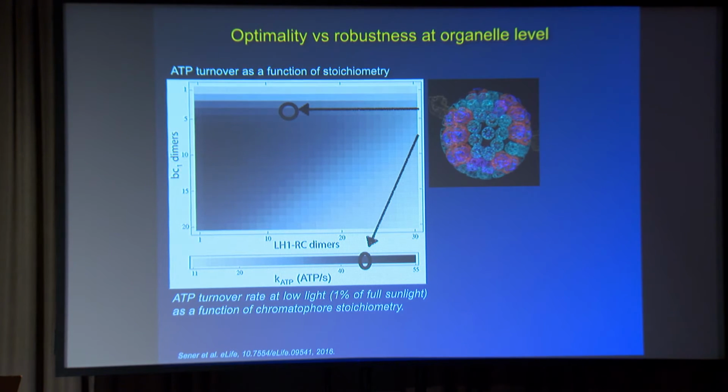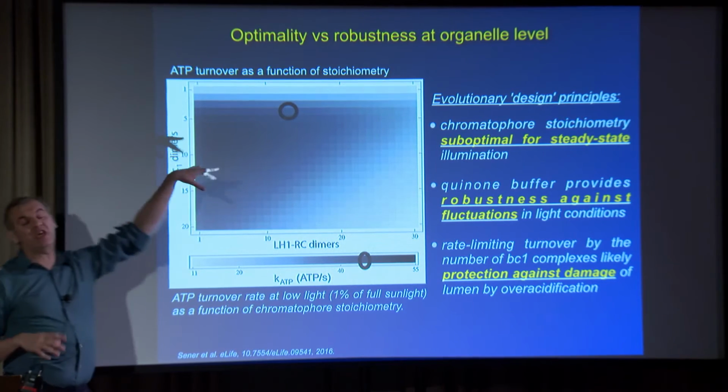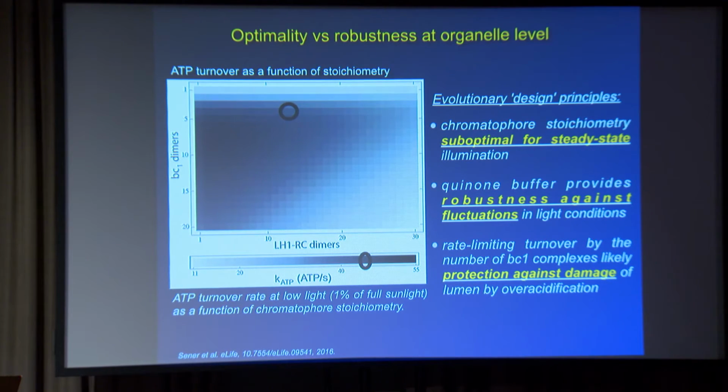The first lesson is that the chromatophore composition is actually suboptimal for steady state ATP turnover. So this oval here indicates the stoichiometry of the chromatophore that I have shown earlier.